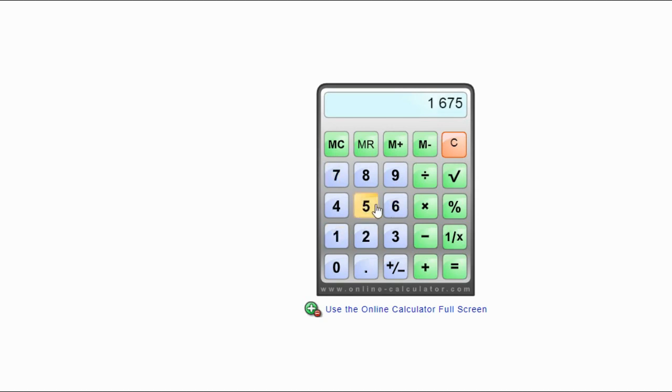So 1675 divided by 60 tells us I'm traveling at 27.9 kilometers a minute. So 253 divided by 27.9, we're talking 9 minutes.